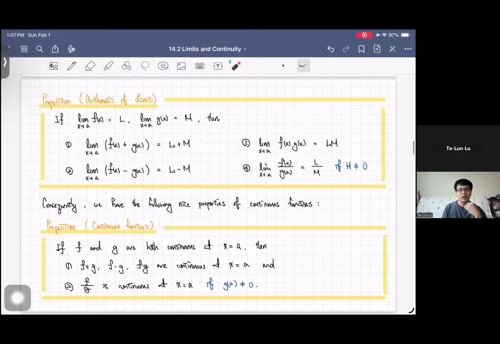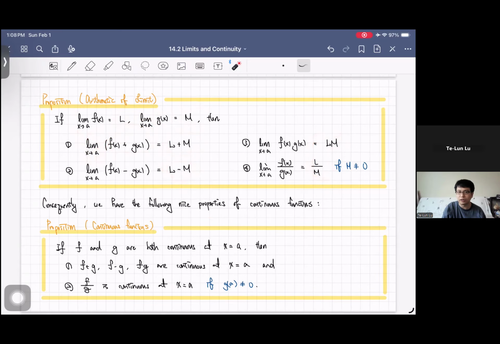Okay, so after the introduction of limits, let us state the behavior of limits. So this is the arithmetic of limits. Whenever f has a limit at a, and it is L, and g has a limit at a, and it is M, then we have the following propositions. So first of all, the limit of f plus g at a will be L plus M. And the same thing holds for subtraction, multiplication, and division.